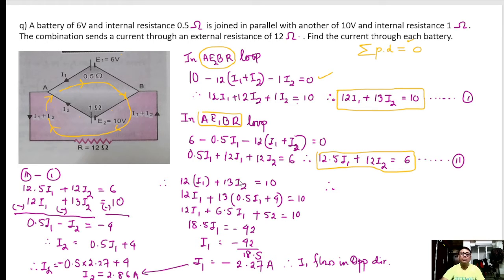Okay, so now what we will do is we will solve these two equations, the first equation and the second equation. What we are doing is subtracting the first from the second, and so we are getting this relation.